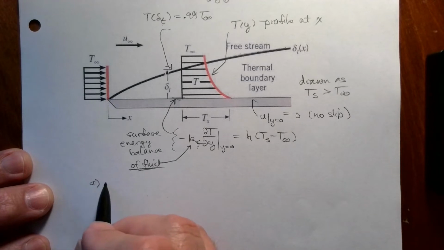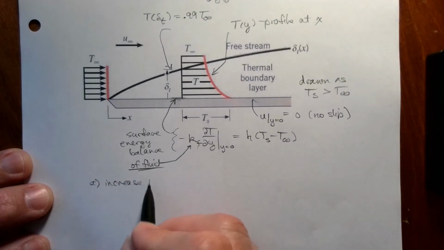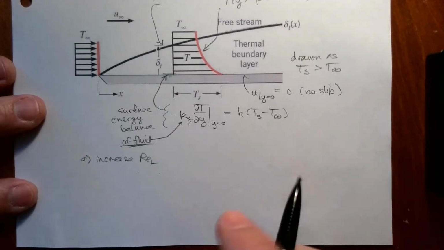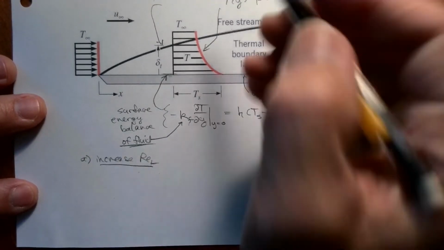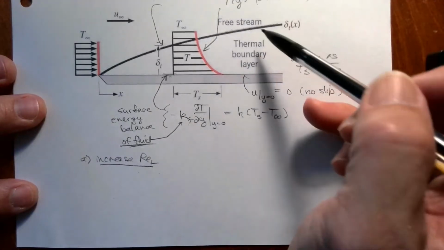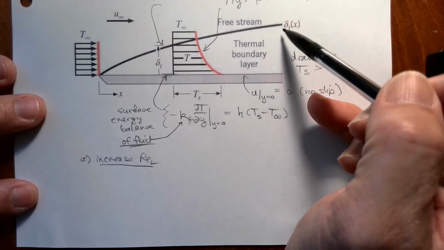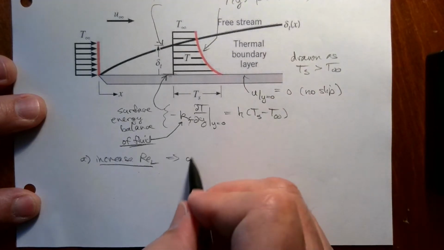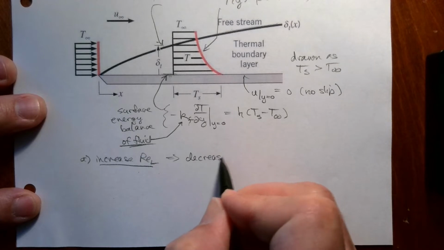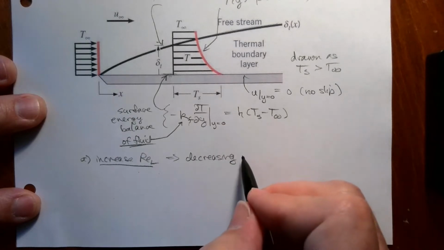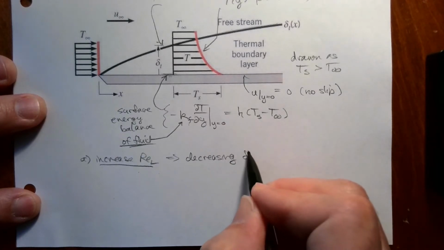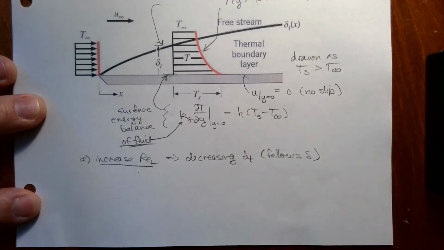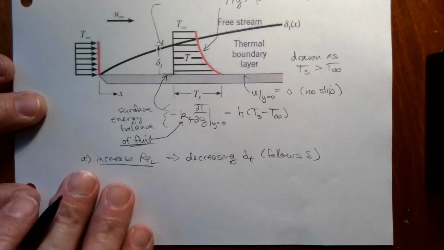Okay, so now we can make similar observations. The first one would be increasing the Reynolds number. If we increase the Reynolds number, just like for the velocity field up above, that's going to decrease delta for the thermal field as well. So it decreases the thermal boundary layer. If we increase Reynolds number, then we'll have a decreasing delta T, right? This follows delta because the flow field and the temperature field are coupled, right?